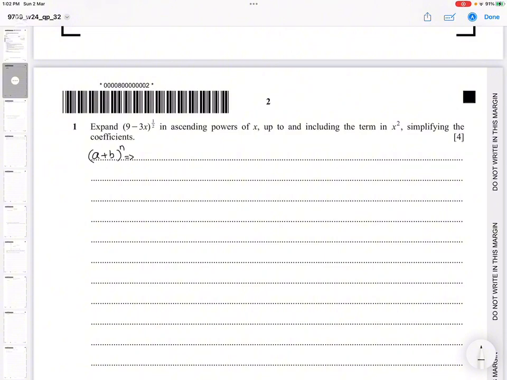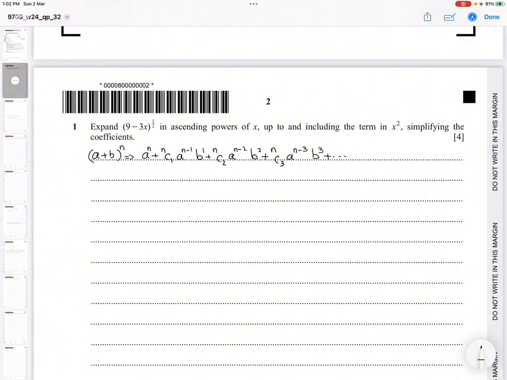In general form, first I will write a power n plus nC1 a power n minus 1 b power 1 plus nC2 a power n minus 2 b power 2 plus nC3 a power n minus 3 b power 3 plus dot dot dot.